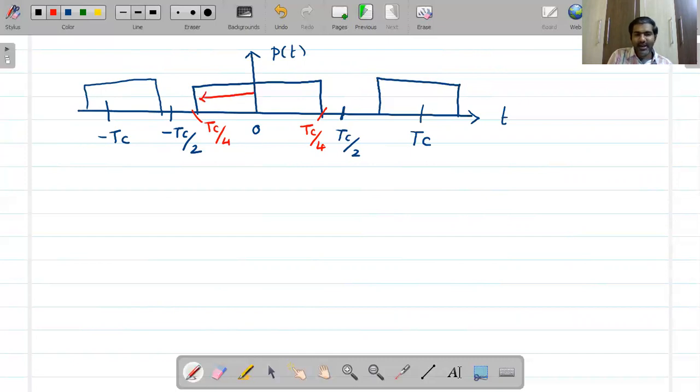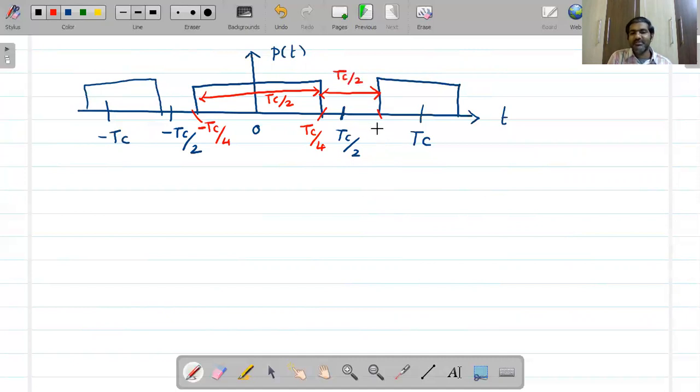If you calculate this time period, the upper limit is Tc by 4 and the lower limit is minus Tc by 4. So what is your period? Period is Tc by 2. And this is Tc by 2. And what will this value be? This will also be Tc by 2.